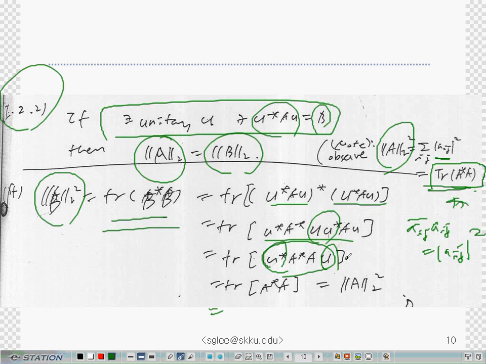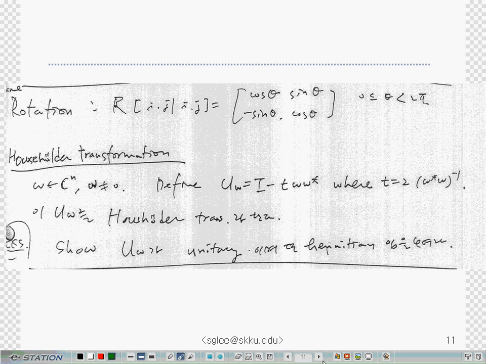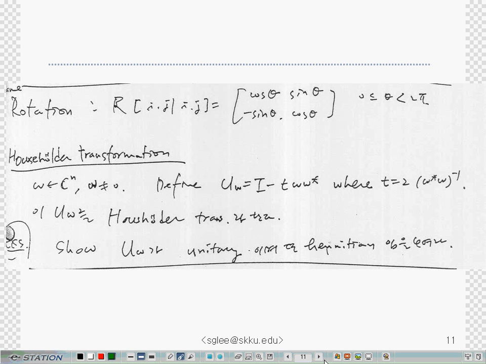We know when you multiply by a unitary matrix on either side, it doesn't change the trace, because it is unitarily similar. So this is the same as the square of the 2 norm of A. This theorem gives us a very important fact that we can really use.